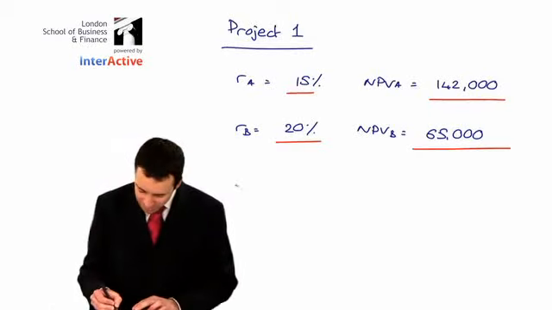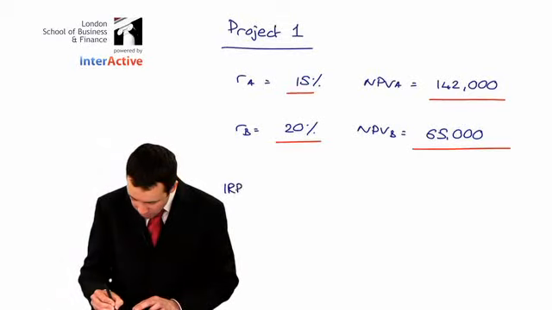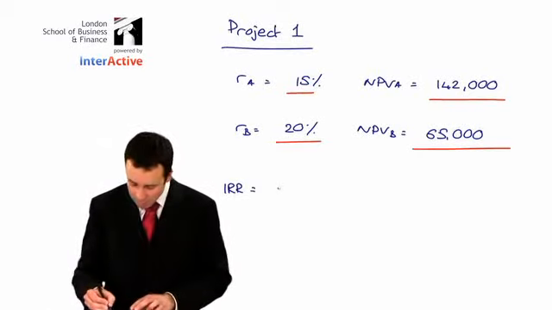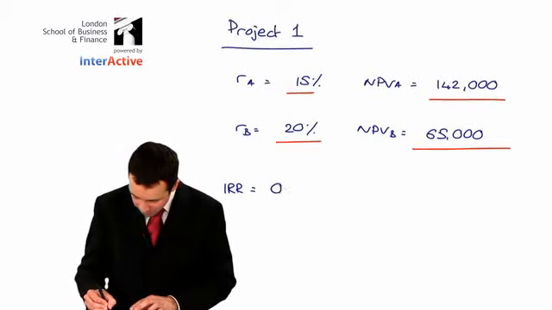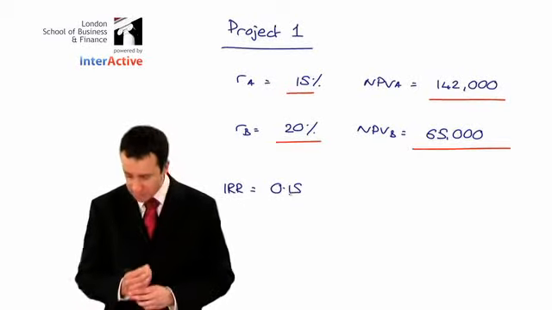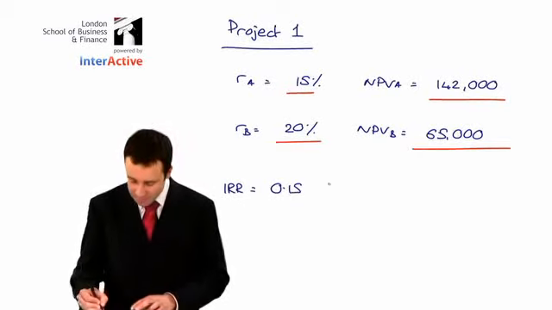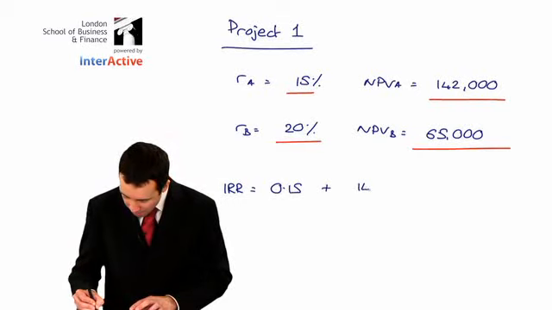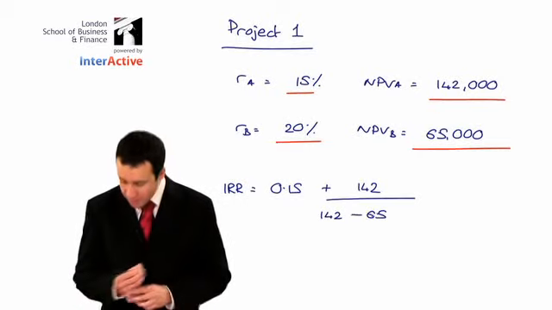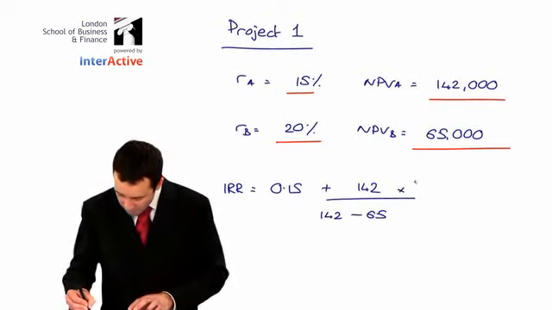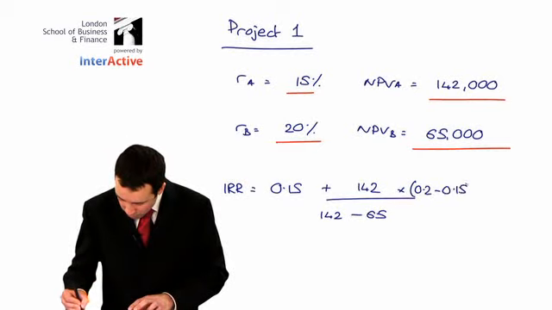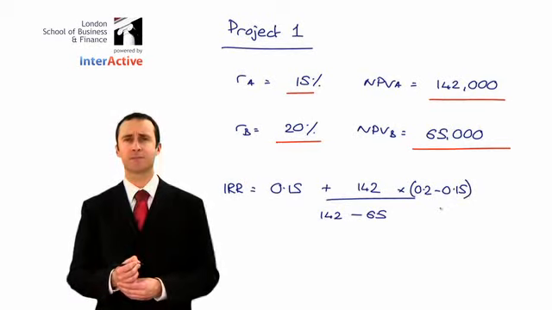So what we're going to have now is your internal rate of return. So that goes through there and takes my first discount rate, so RA at 15%. Then we add on NPVA divided by NPVA minus NPVB multiplied by the difference between the discount rates.